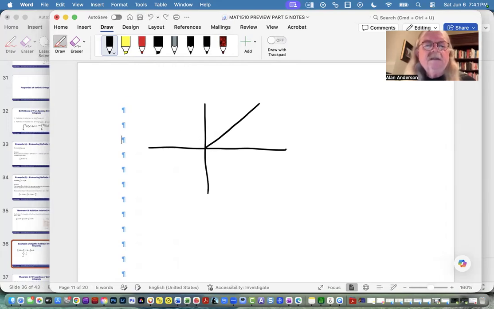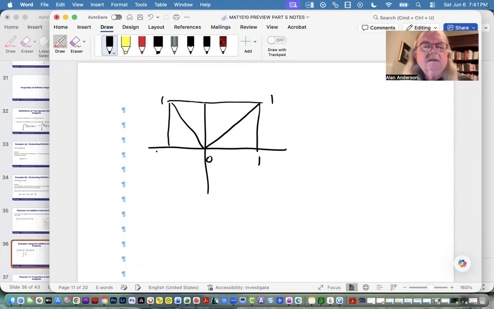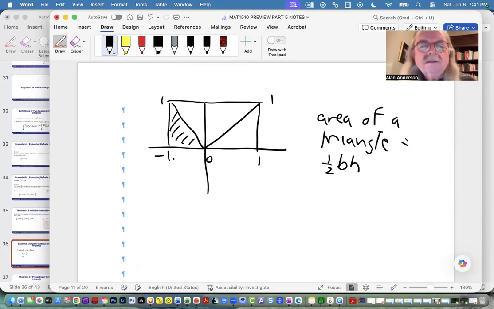All right, here's why. This is just 1, and this is 1. So this is a triangle. Remember, the area of a triangle is 1/2 base times height. So the base is 1, and so is the height.